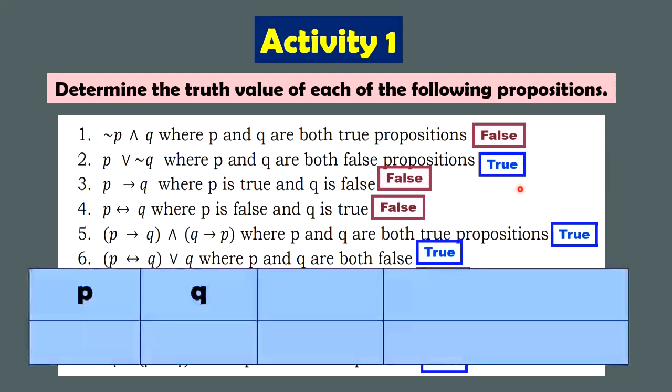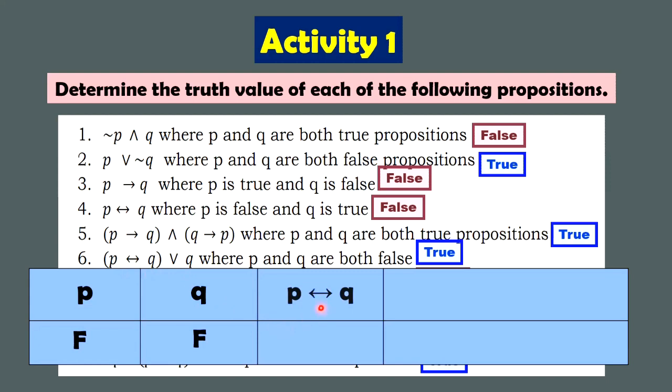Okay, let's have number 6. O, focus kayo sa number 6. Gagawa tayo ng table. We don't do it mentally. So here, we assume P and Q are both false. Ilagay natin. So P is false, Q is false. What else? We need this expression, P if and only if Q. So ilagay natin.